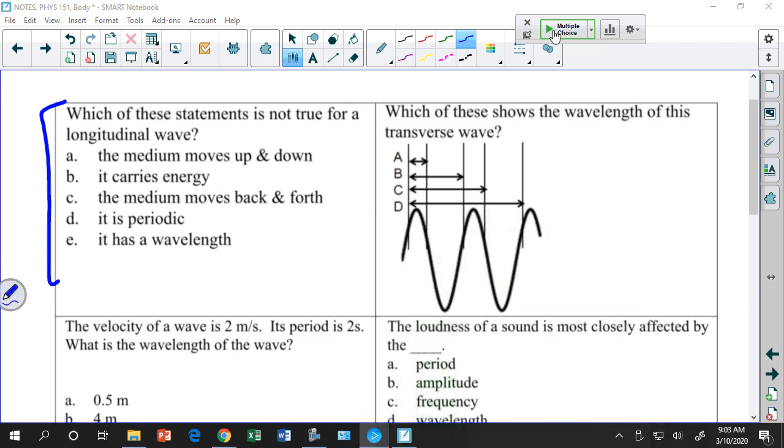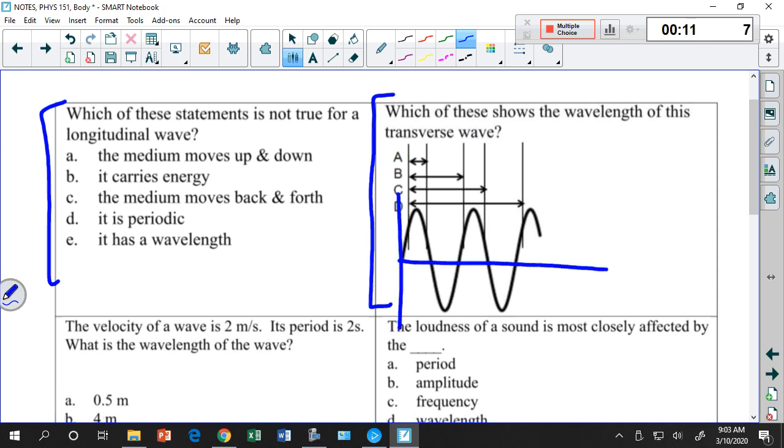Which of these is the wavelength of this transverse wave? When I'm looking at this, the axes on this graph are y and x. And which of these show the wavelength of this wave?